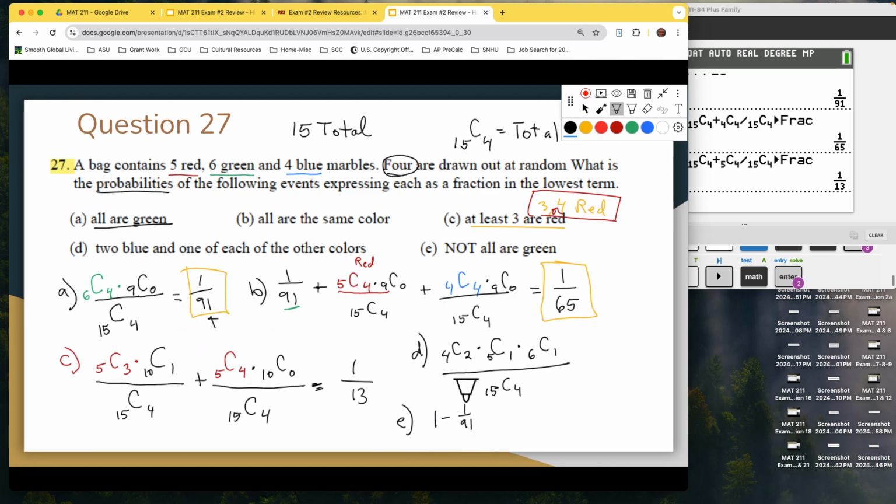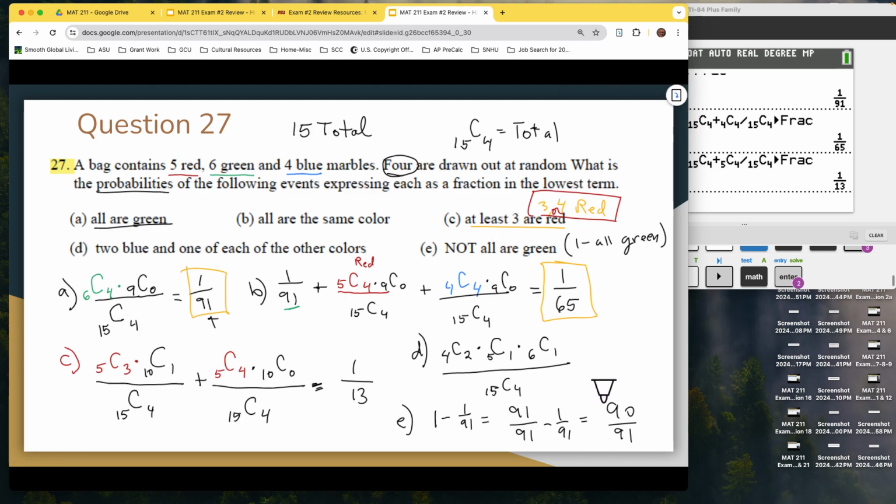That's this one here. 1 minus all green. We'll have the right answer. And the nice thing is 1 can be rewritten as any fraction, since we've got a common denominator of 91. That's 91 over 91 minus 1 over 91. That gives us 90 over 91. Okay, so we didn't even have to go to the calculator because we'd already calculated it. If we hadn't, we would calculate all green and subtract that from 1.